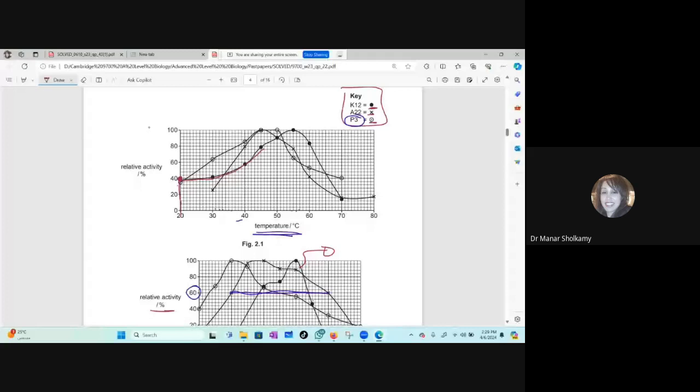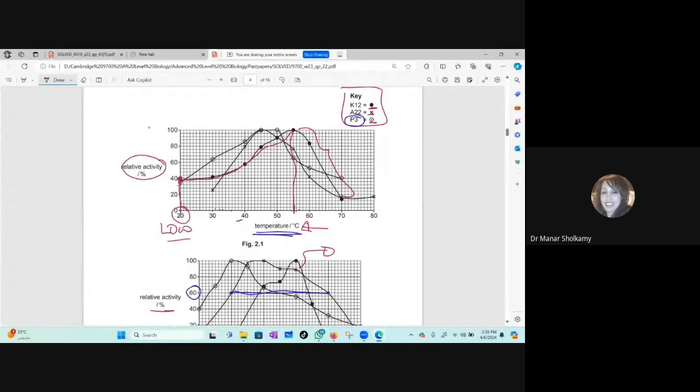relatively low temperature. And then as the temperature increases, the relative activity increases. What is its peak temperature? 54, 55. Around 50 something, which is not very high, by the way. This is a relatively low temperature. And after that, it will denature. So this can be a disadvantage. So the advantage is that it can work with an efficiency of 40% at low temperatures.